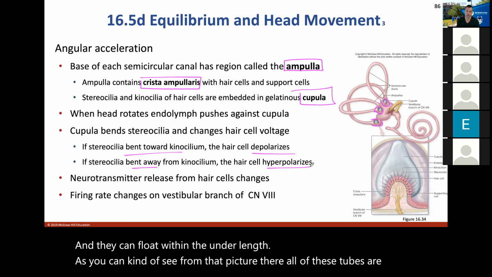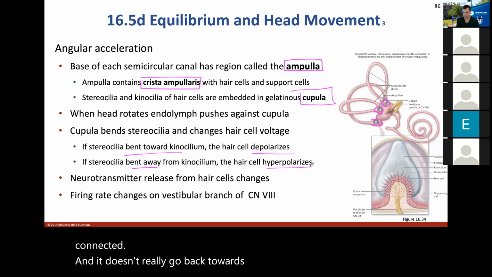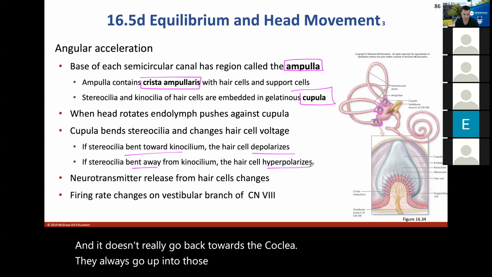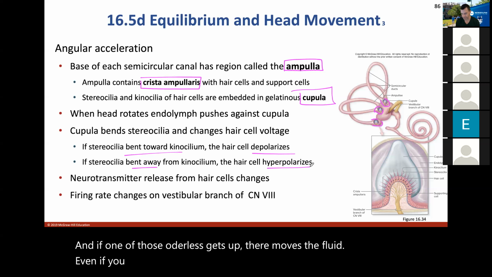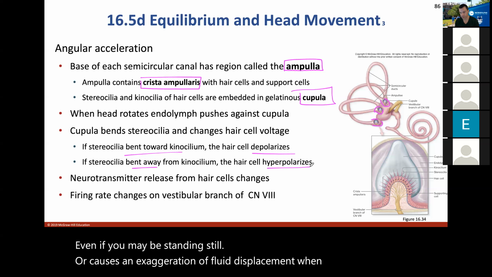And it doesn't really go back towards the cochlea. They always go up into those semicircular ducts. And if one of those otoliths gets up there, it moves the fluid, even if you may be standing still. Or it causes an exaggeration of fluid displacement when you move, which you feel like you're on a tilt-a-whirl then.